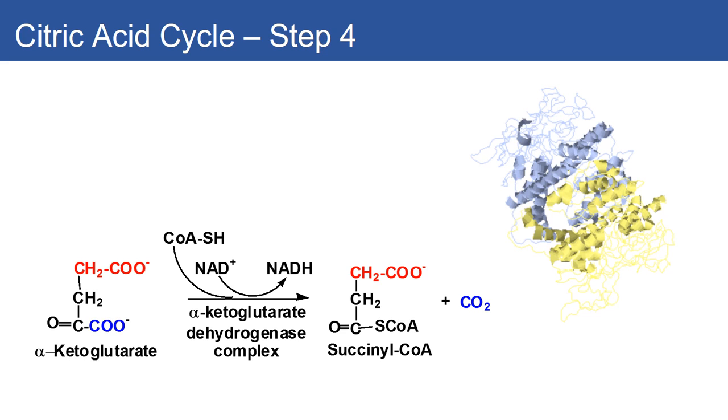It's a synonym. The 2 carbons of the acetyl group of the acetyl-CoA are still present in the succinyl-CoA. So that's part of the process. This is a multi-enzyme complex. It is inhibited by ATP, NADH, and succinyl-CoA, and it's activated by ADP and NAD+.